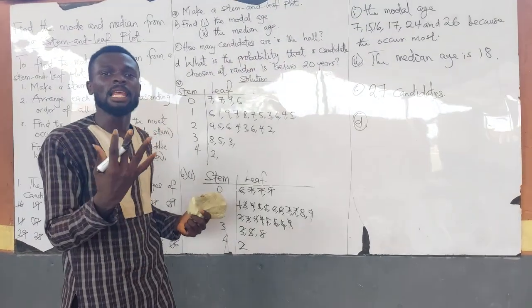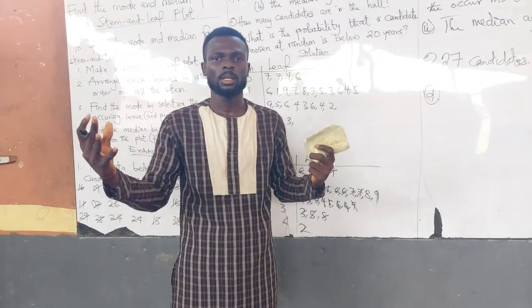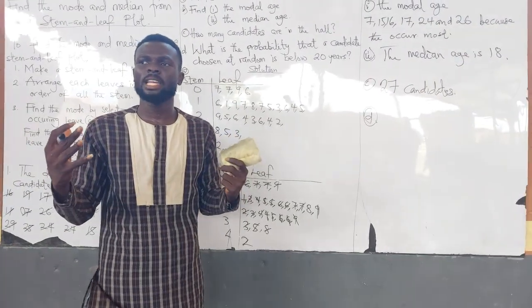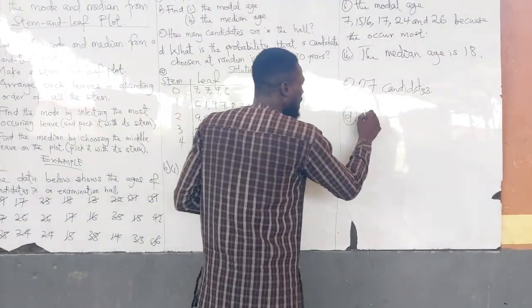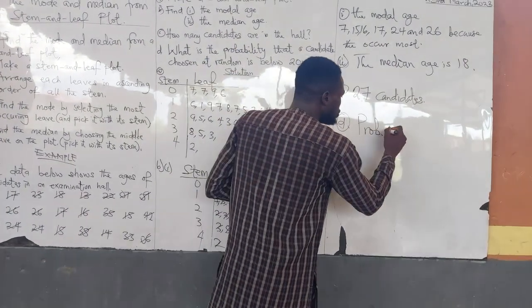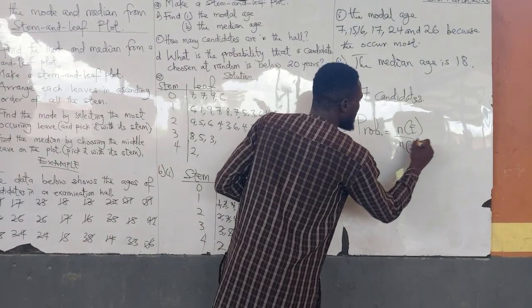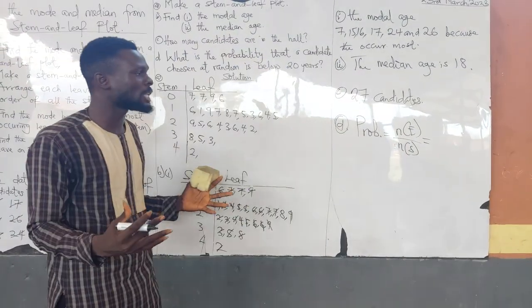Probability is the possibility of an event occurring. So to find probability, we say probability is equal to the number of events over the number in the sample space. What is the sample space?